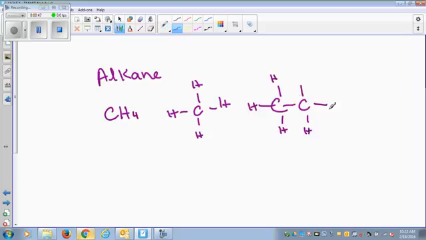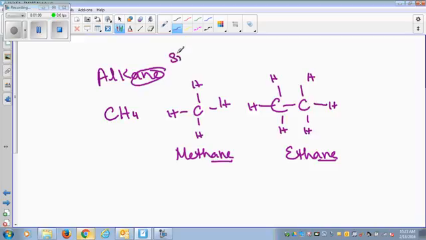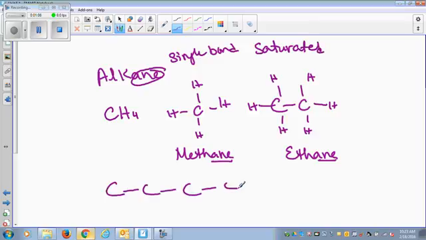So this is methane, it ends with ane. This is ethane. Again, ane means single bond. We call them saturated. No matter how many carbon atoms I have, they will all be single bonds.